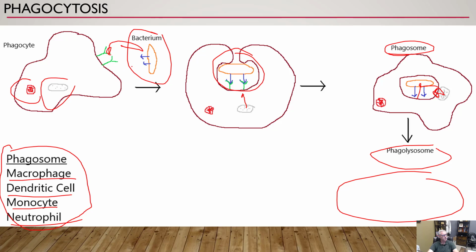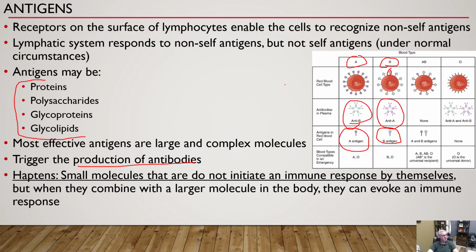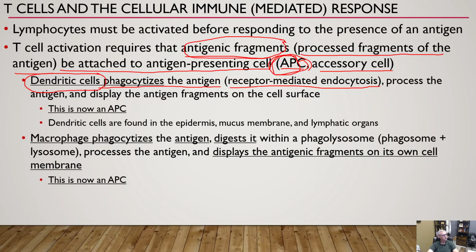Receptor-mediated endocytosis means that we have a receptor here, and we are phagocytizing this bacterium because we had that receptor that picked up that bacterium attached to that receptor. So that's receptor-mediated endocytosis. So these dendritic cells are going to phagocytize that antigen by receptor-mediated endocytosis.